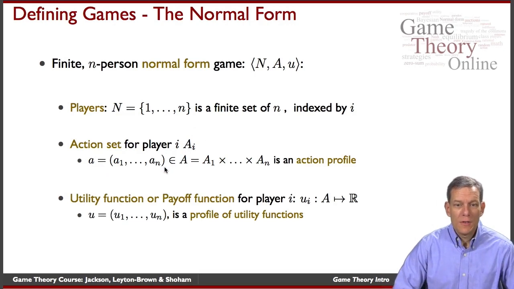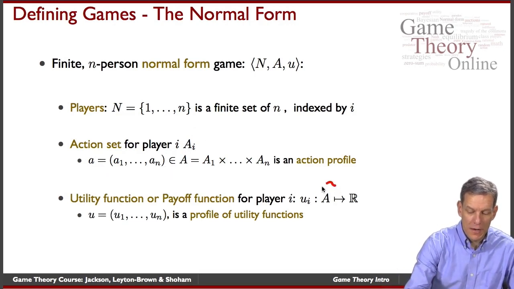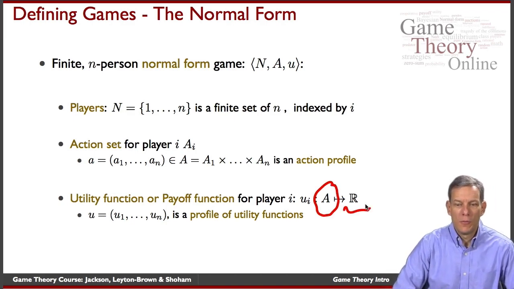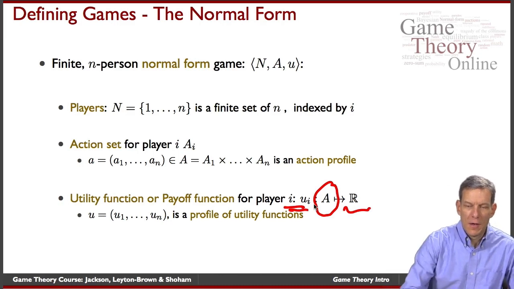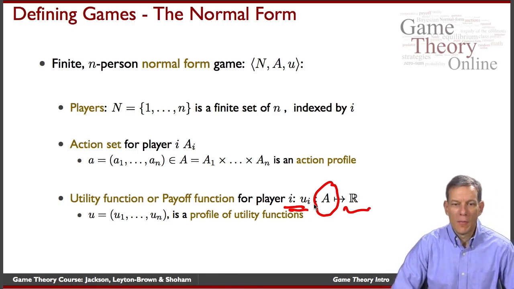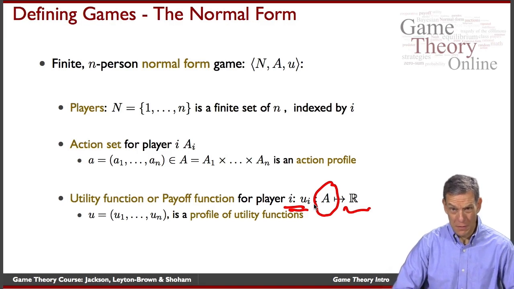The utility function is then a payoff function, which indicates, as a function of all the actions that are played, what's the payoff for the different players. So for each player i, we end up with a function which tells us how they evaluate outcomes of the game. And again, how they evaluate these things could encapsulate many things, and it's going to be very important to make sure that we're getting the right representation of what really motivates people.